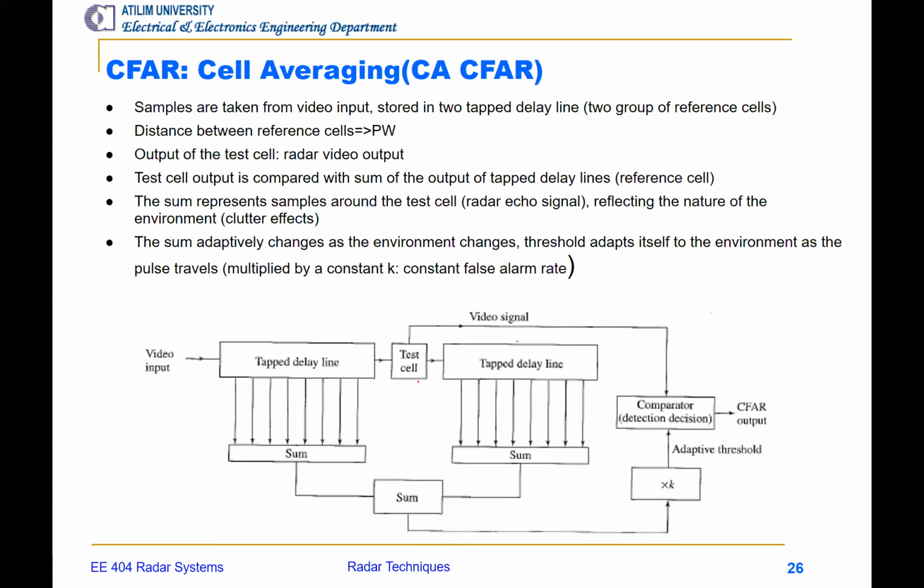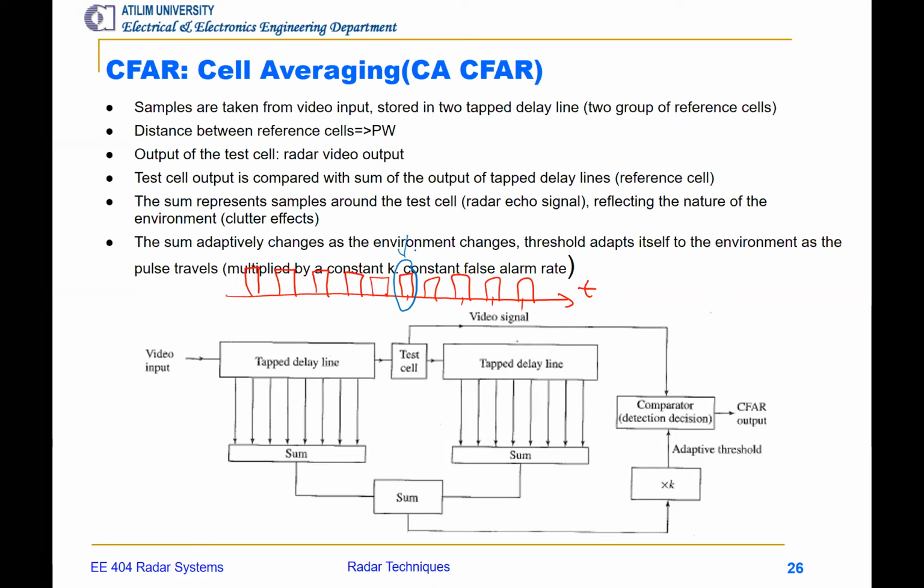So you can simply consider over this time axis samples, just like pulses. You have many pulses. Each pulse corresponds to an instant time bin. Let's say this is my test signal. With this signal, I will determine whether it's an echo signal or noise.